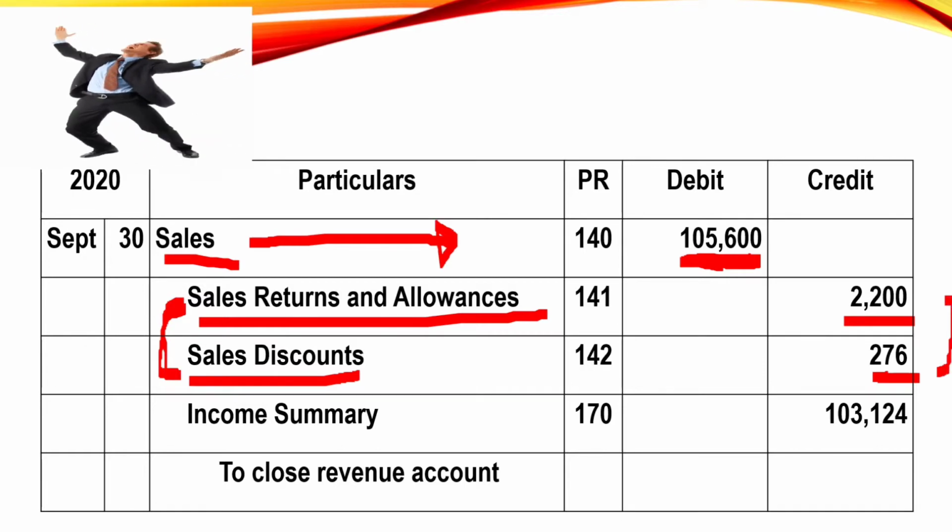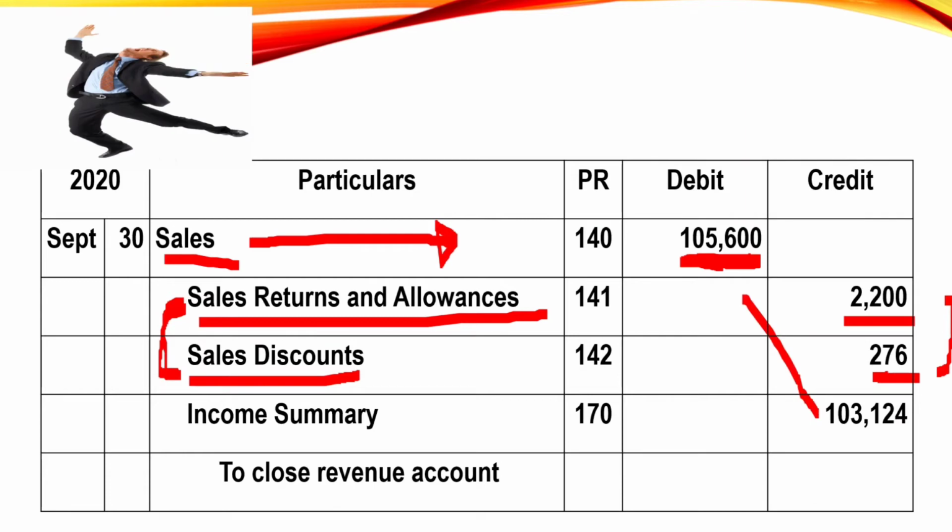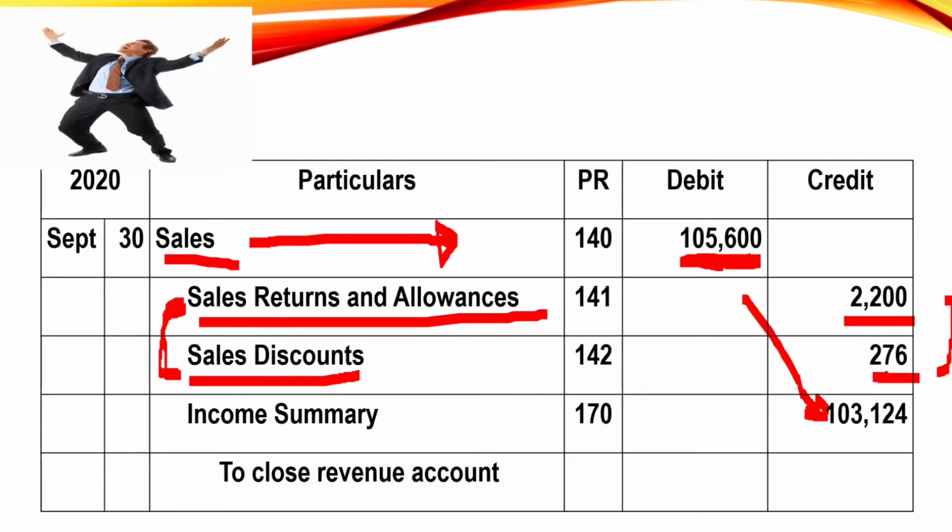After that, i-minus ni 105,600. So, 105,600. The total is, pilay total niya, 103,124 pesos. That's why dira na mo gawa si income summary. So, since gamay man ang value nito ni credit, dito na ito ibutang si income summary.